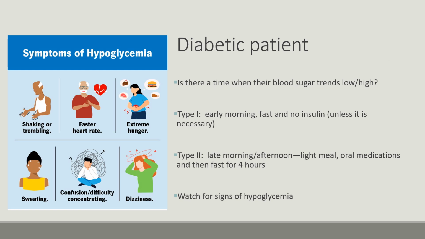Give them a light meal in the morning, oral medications, and then ask that they fast for at least 4 hours and watch for signs of hypoglycemia. Those signs are listed on the left side of the slide: shaking or trembling, faster heart rate, extreme hunger, sweating, confusion, difficulty concentrating, and dizziness.